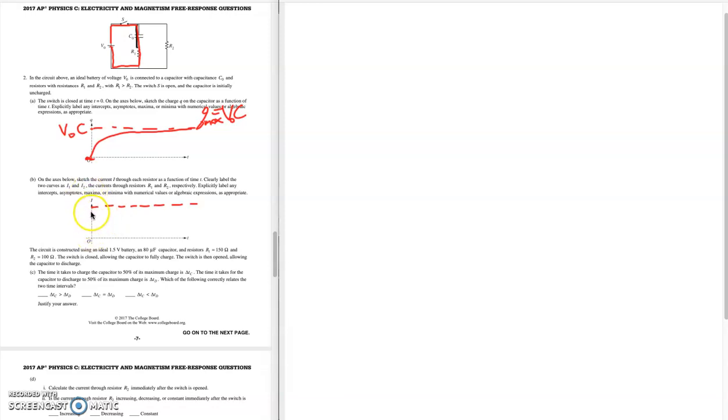Now, since they told us that resistor 2 is less, it's going to have more current. On this current here, we're going to have a dot to represent I2, and then a dot to represent I1, and if we add these two up, we get the total current.